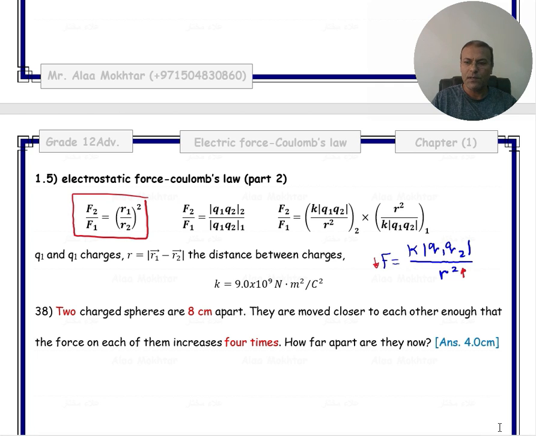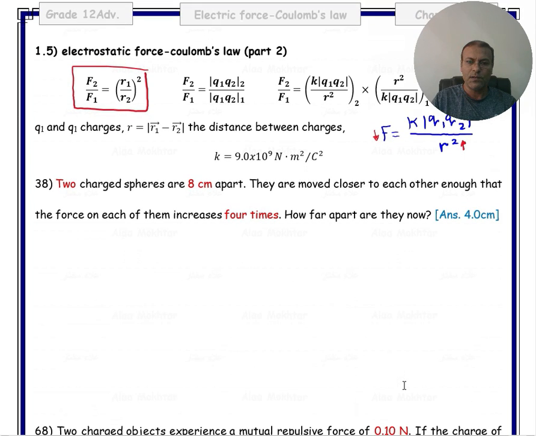We have a question, number 38. Two charges are 8 centimeters apart. We have two charges, charge number 1 and charge number 2. There is repulsion between the two charges, Q1 and Q2, and the distance between the charges is 8 centimeters.